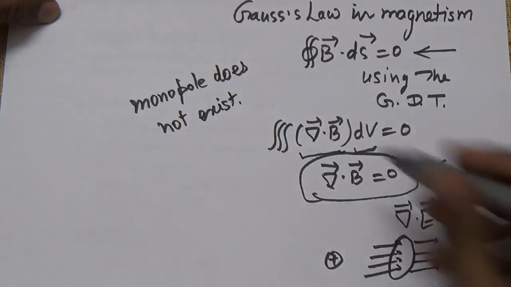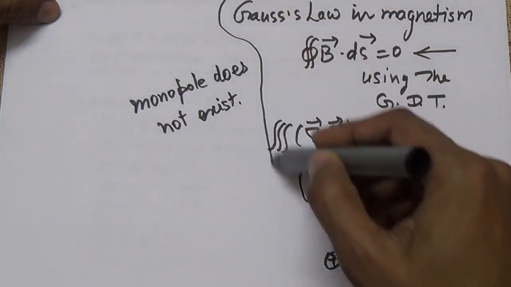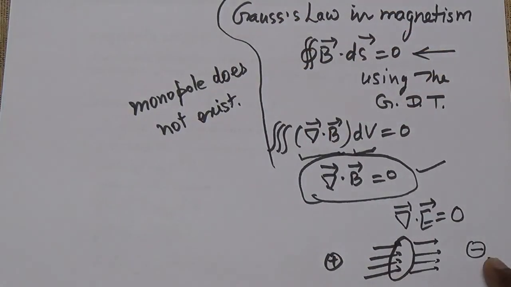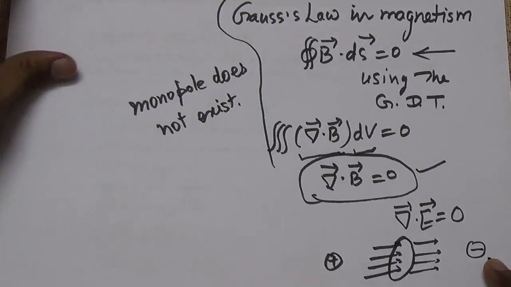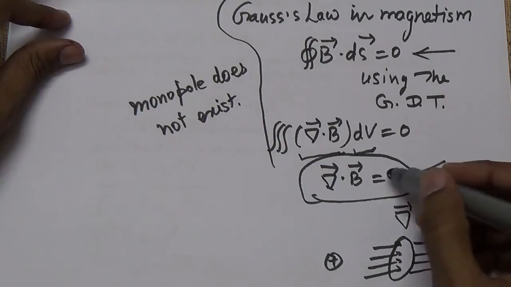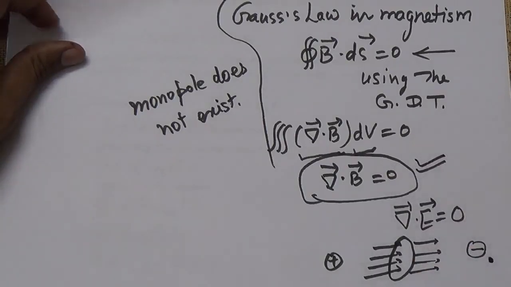A single magnetic pole could not be possible. So the meaning of this equation is that monopole does not exist. This is the meaning of the second equation, and this is the differential form of the equation.